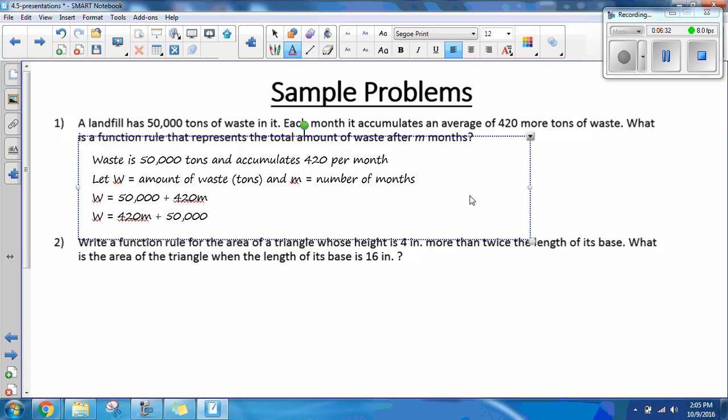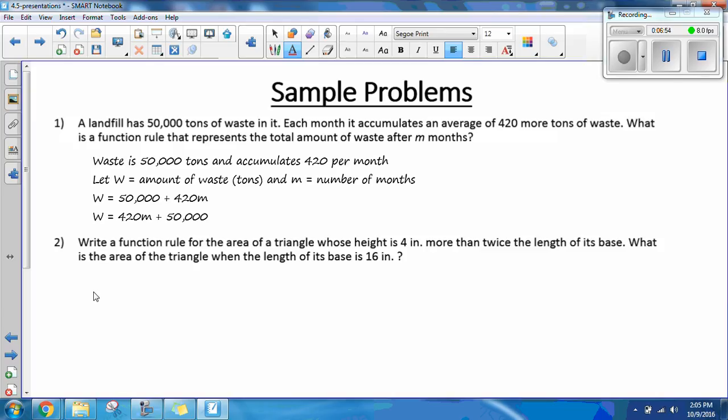Even though these two are exactly the same thing, we generally write any terms with variables before any terms that are constants. So by the commutative property, we just switch these two around and change it to 420 times M plus 50,000.